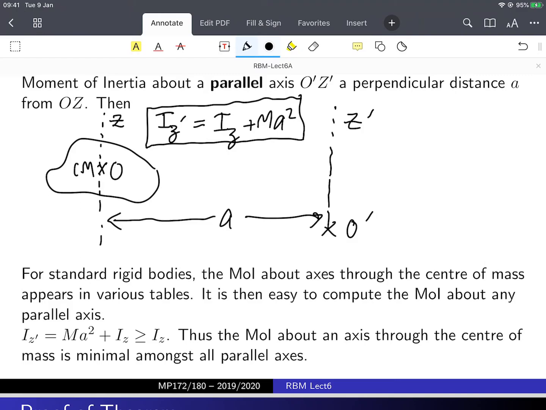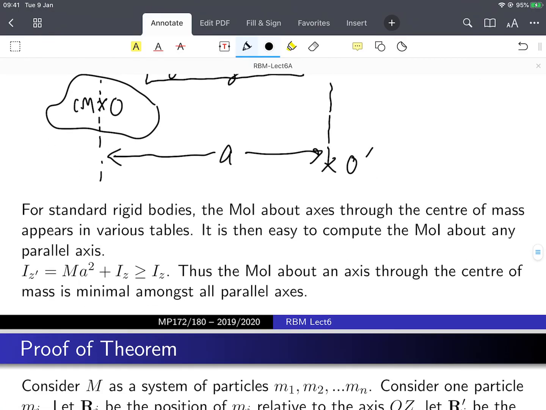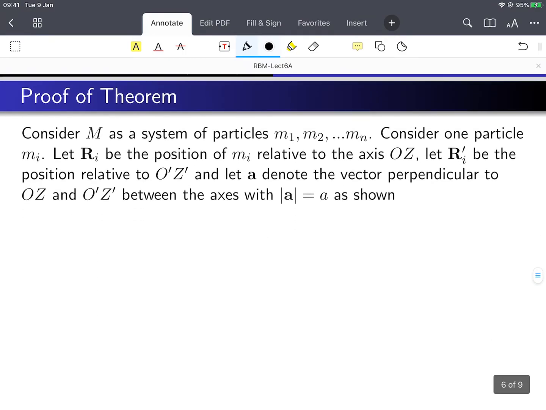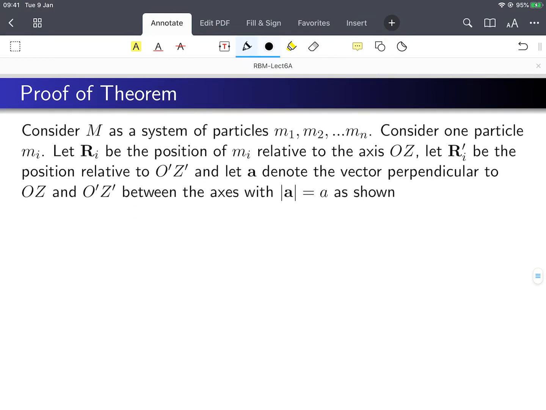So you can see that Ma squared is a positive quantity, so Iz prime is always greater than Iz. Iz is the minimal moment of inertia. So we're just going to prove that. It's not that difficult to prove.